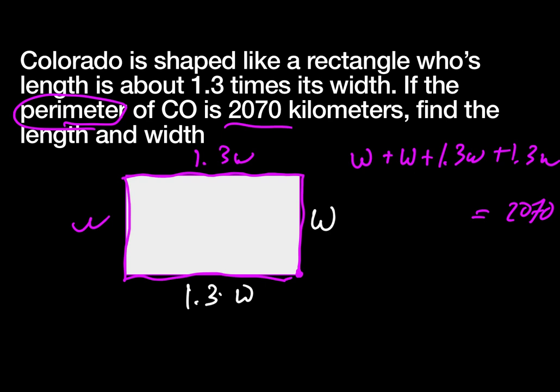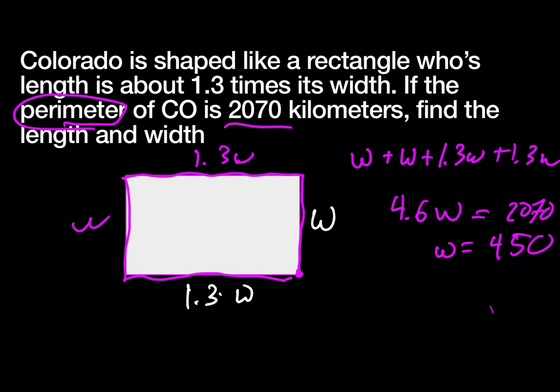So now I have 1, 2, 3.3, 4.6 W's. Just adding like terms there. And then solve for W. W equals 450.